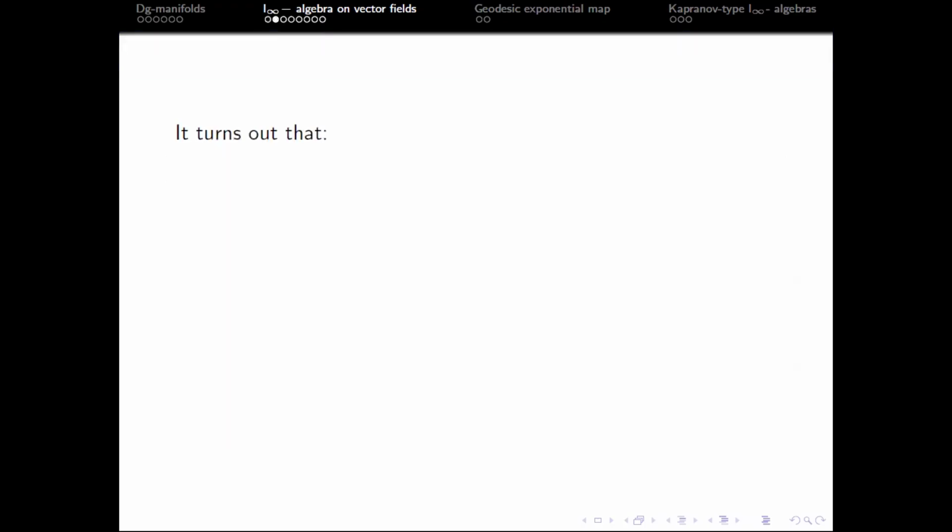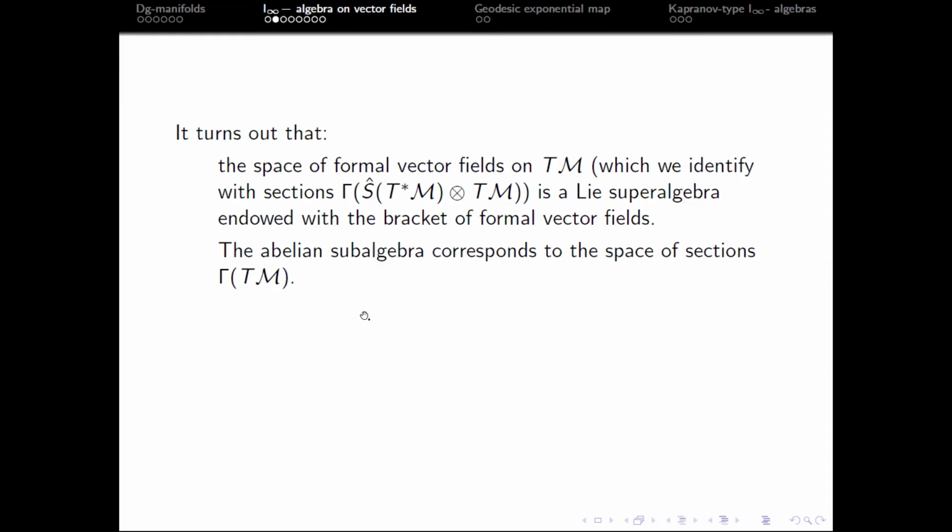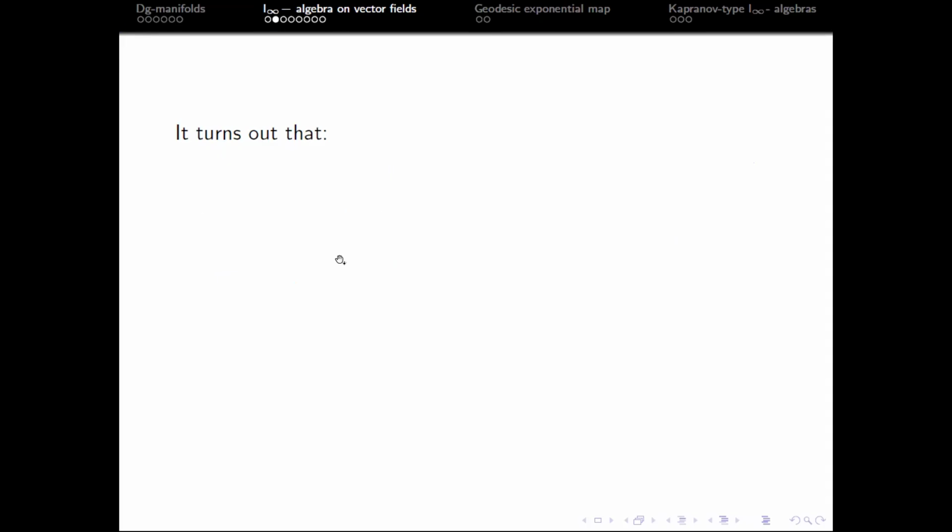So now let me show you in a summarized way the ingredients. Then I will try to go to the details. First, as I was telling you, I will try to see the space of vector fields of the dg-manifold as an abelian subalgebra. So the sections of TM are playing the role of the abelian subalgebra. And the space of formal vector fields on TM will correspond to L in this proposition.